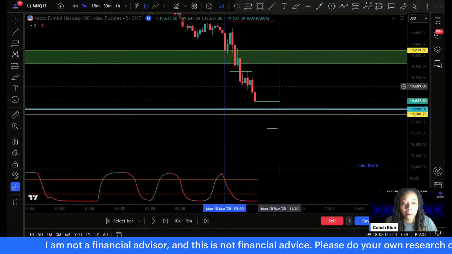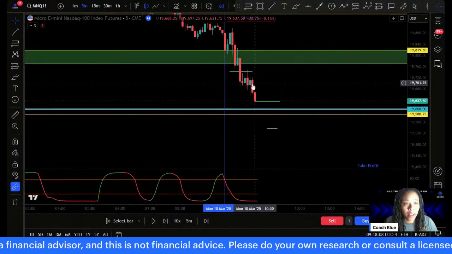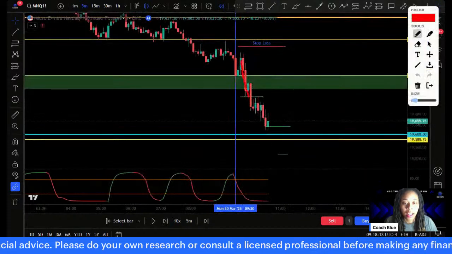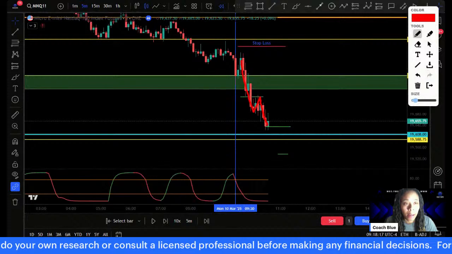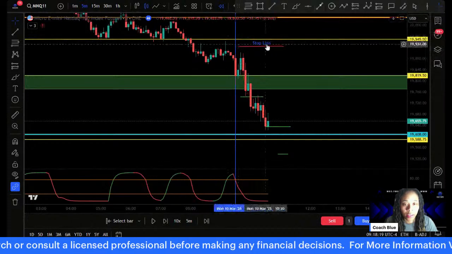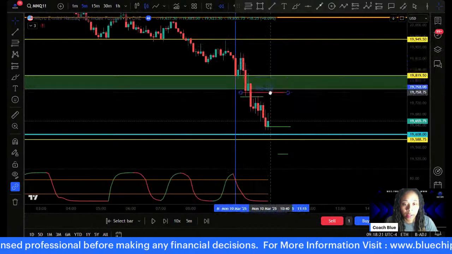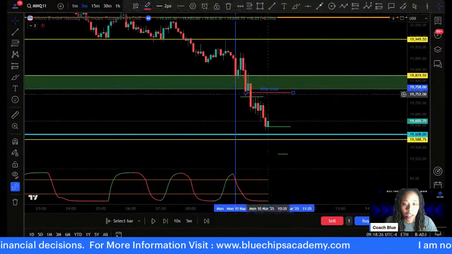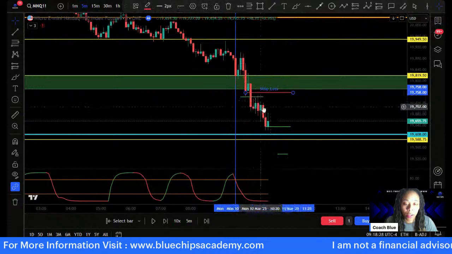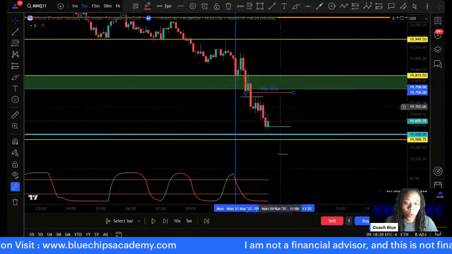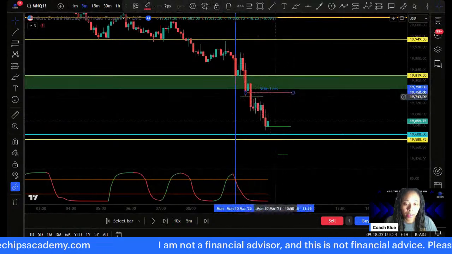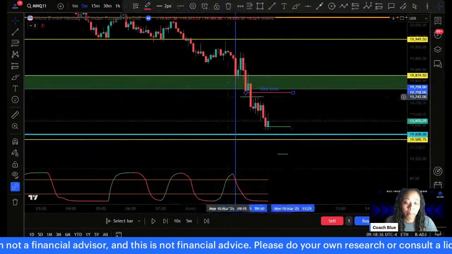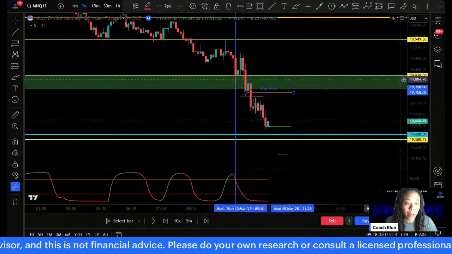So now that we've gotten a pivot, price pulled back and now we're dropping down. I'm locking in profit, so I'm bringing this right above the previous swing. When you're in a manual trail, you want to drag your stop above the previous swing if you're in a sell, and beneath the previous swing if you're in a buy.